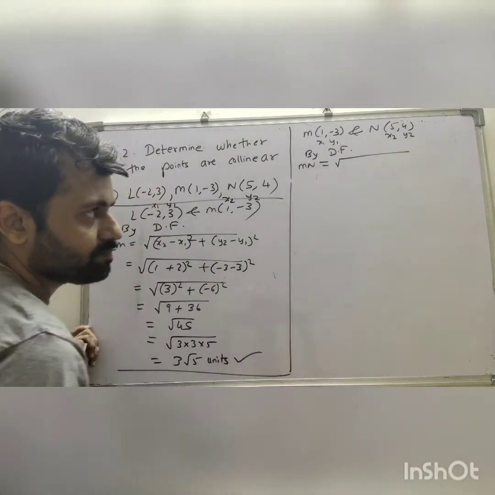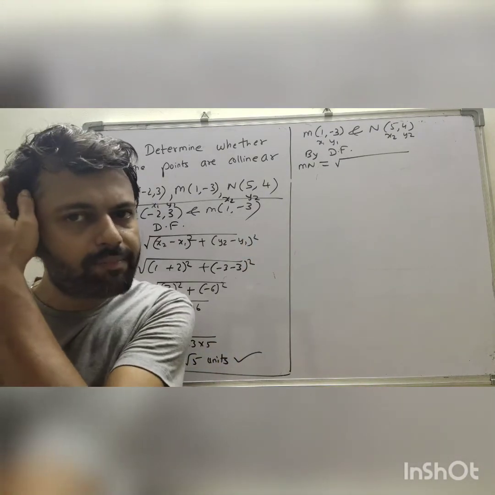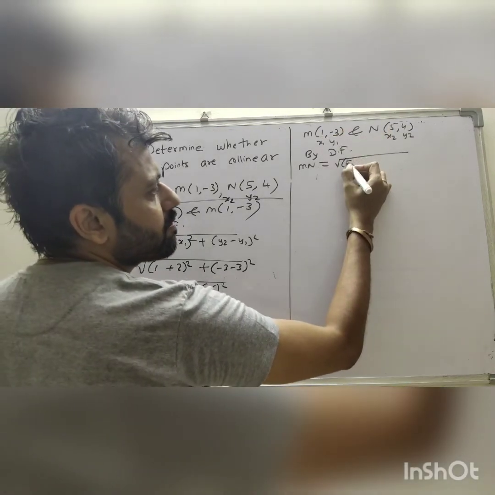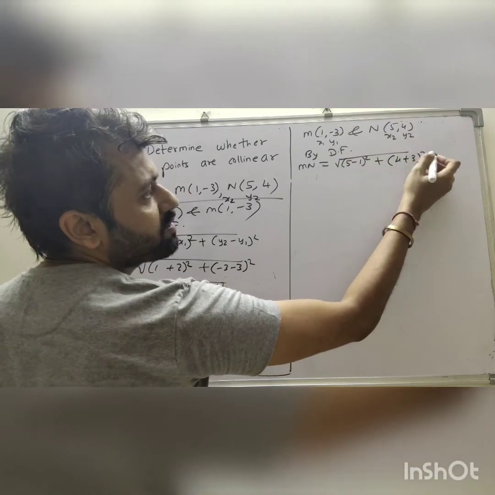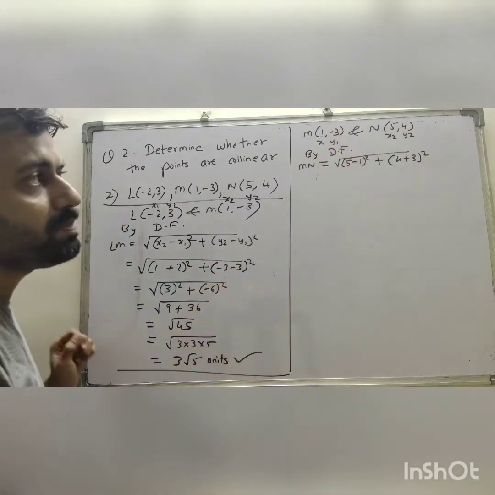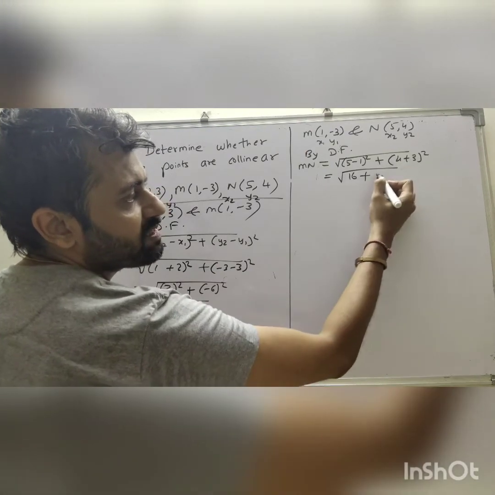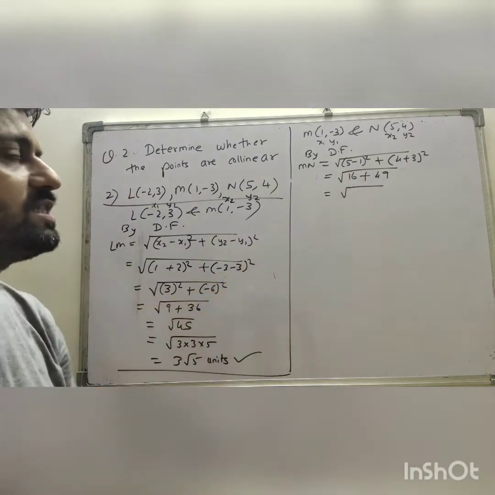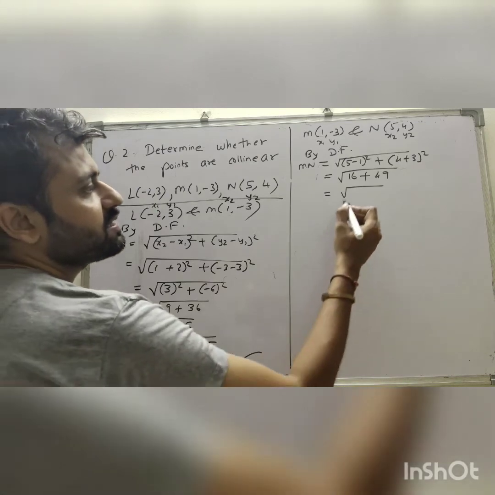MN is equal to, because of lack of space and not writing the formula, I am directly calculating the values. 5 minus 1 the whole square plus 4 plus 3 the whole square. How has it become plus? Because 4 minus minus 3 becomes plus. 5 minus 1 is 4, 4 का square is 16, 4 plus 3 is 7, 7 का square is 49. You have to add 49 to 16, the sum is 65.